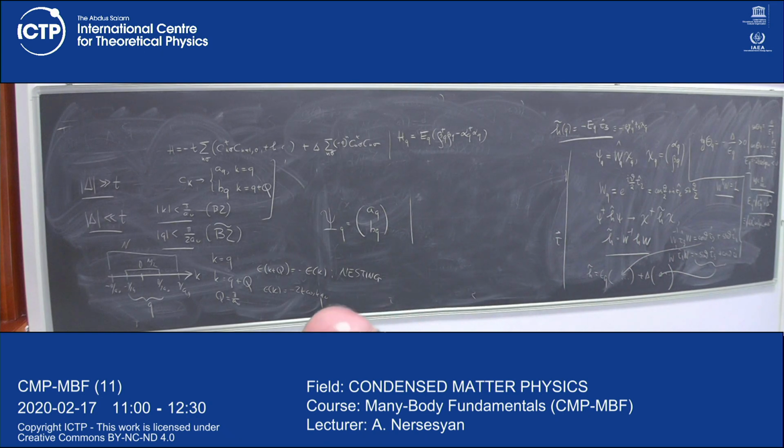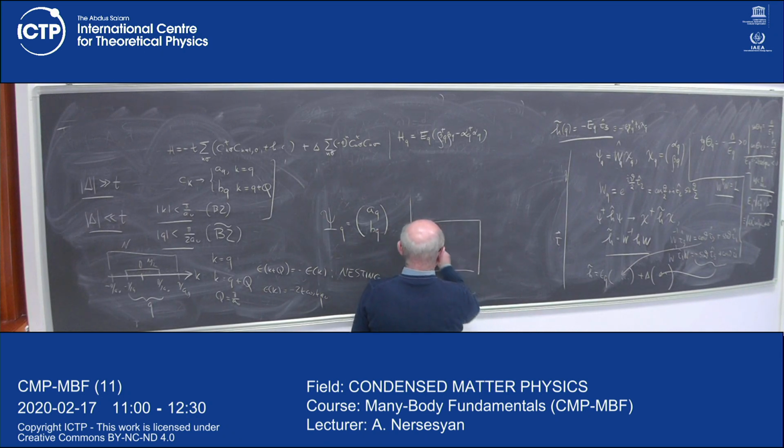So it turns out that the total number of physical states, one particle states, each state being parameterized by q and the spin projection, two quantum numbers, q and sigma. So therefore, it is only the lowest branch which should be filled for the ground state to be built.